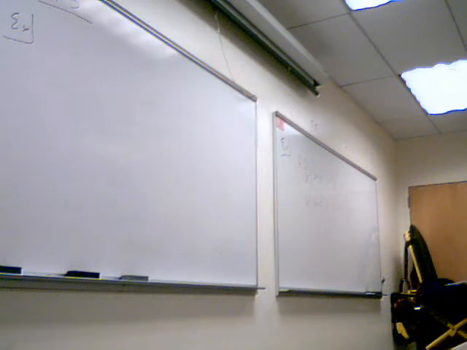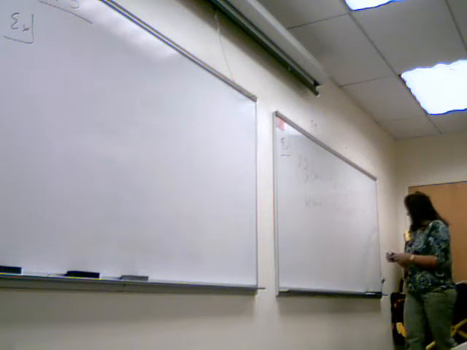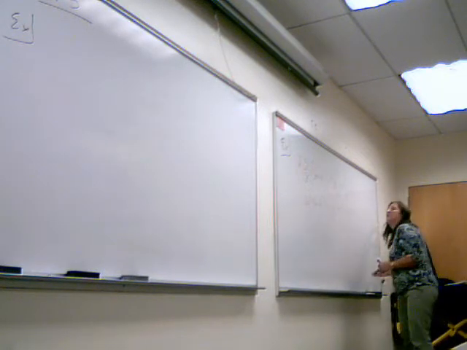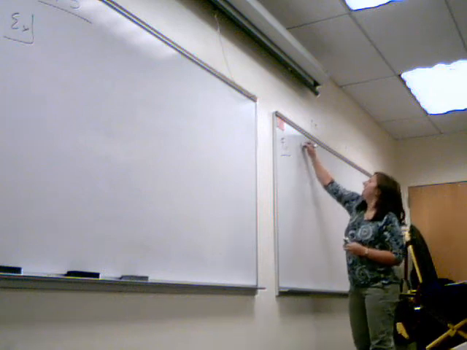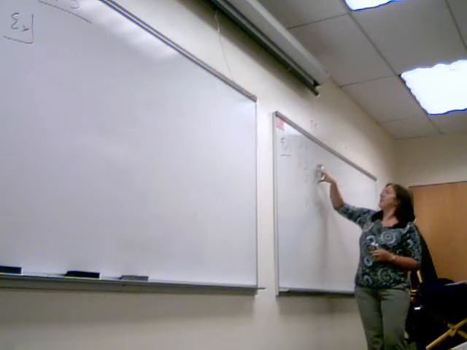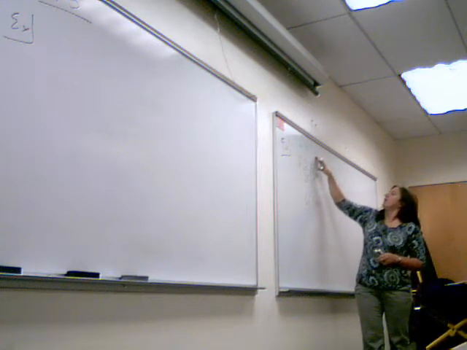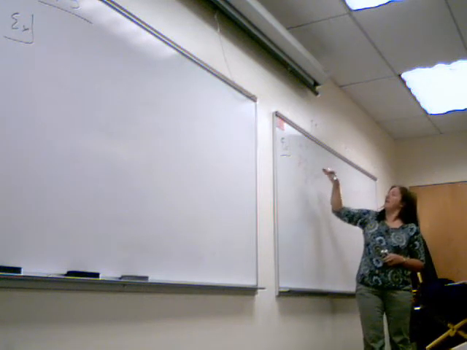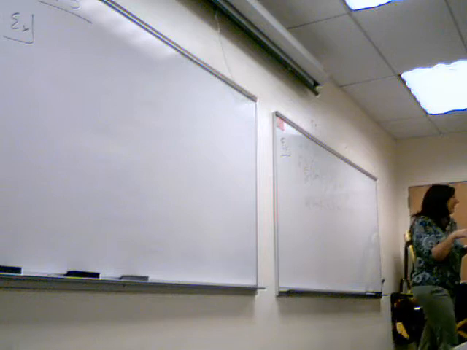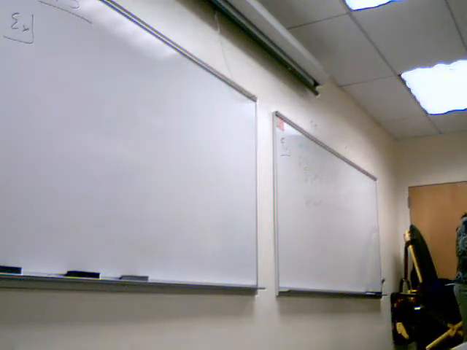Because I can look at these as an A, B, and a C. This is just a term, like one number. So I can multiply A times B, then multiply C. I can multiply B times C and then multiply by A. I can multiply A times C and then multiply by B. I can do it any way I want.